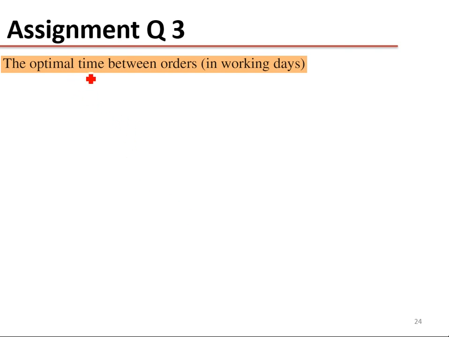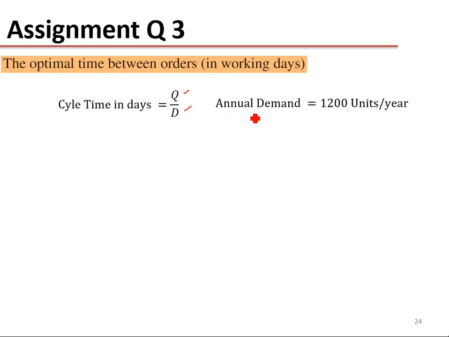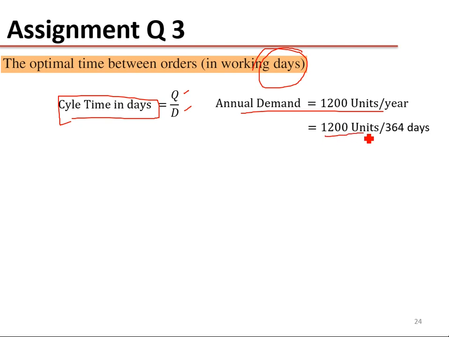And then we have to find the optimal time between the orders, that is basically the cycle time. We know the cycle time is Q upon D, and the annual demand is 1200 units per year. We have to convert this into days, because the cycle time is mentioned in days. So D becomes 1200 units divided by 365 days.